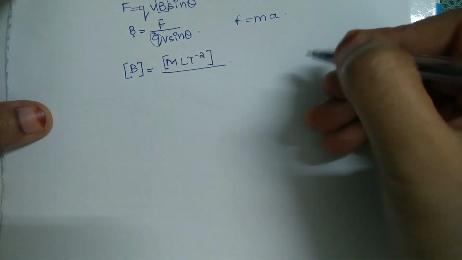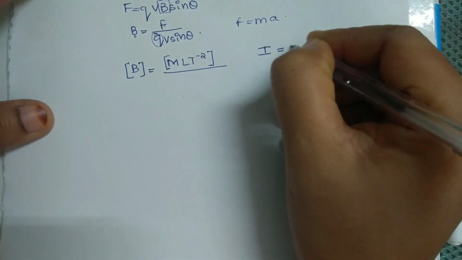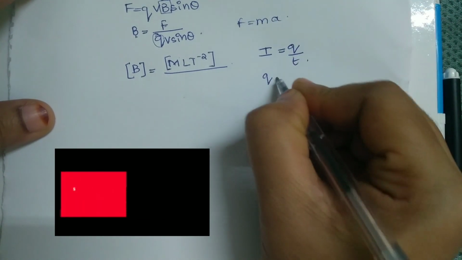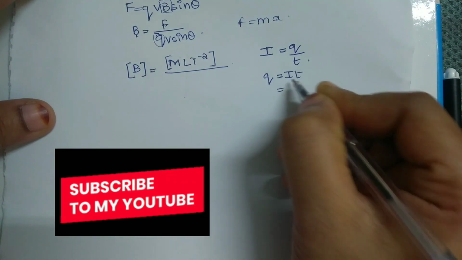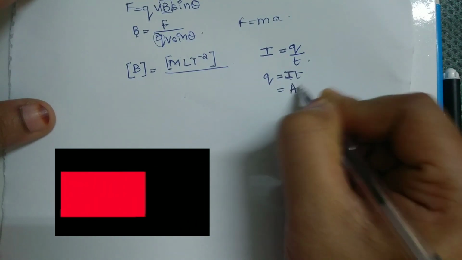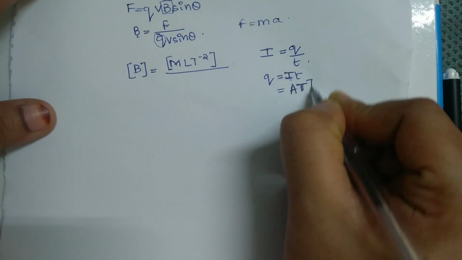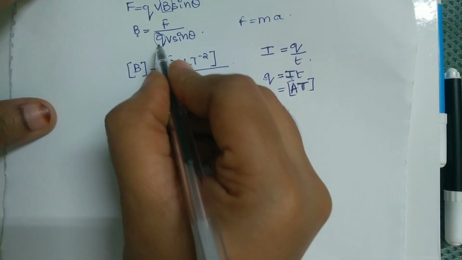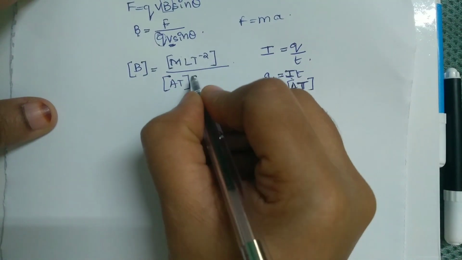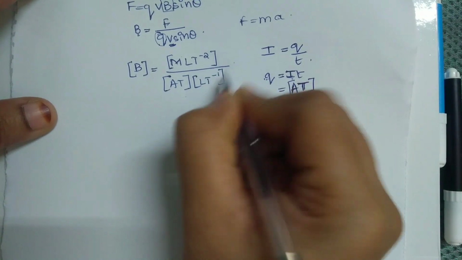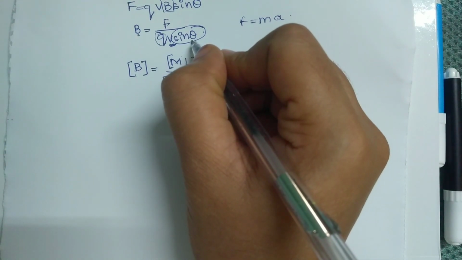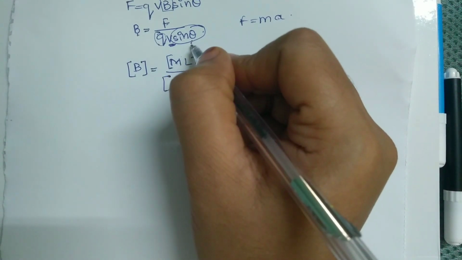We know that current flowing through a conductor is equal to charge per unit time, right? So from here, if you want Q, it will be I into T. The dimensional formula for I, current, is ampere, that is A, and T is capital T. So you can write Q as A into T, and V is velocity, that is LT^-1. Sine theta is a trigonometric value, and dimensional analysis does not give any value for trigonometric functions.